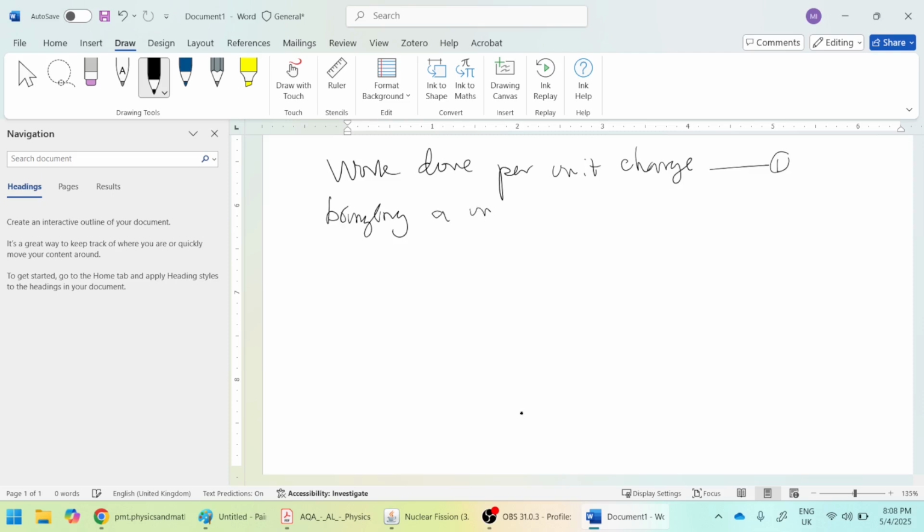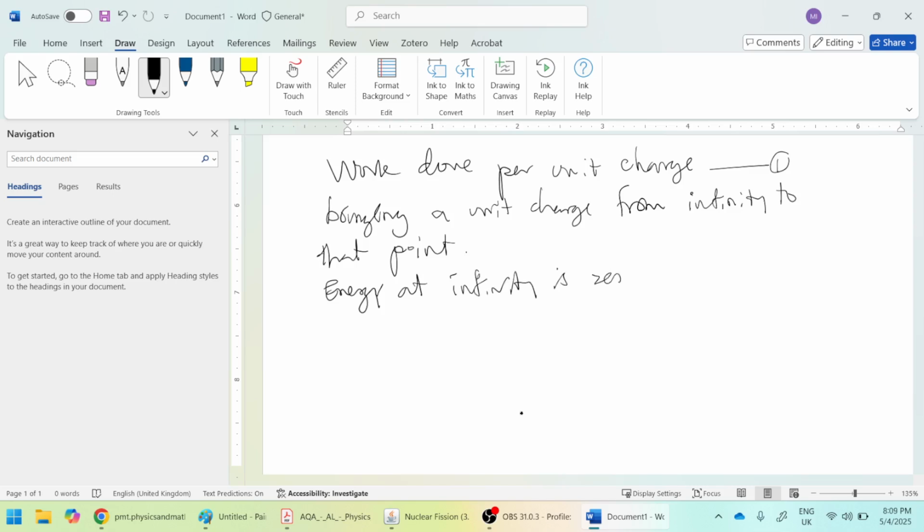Bringing a unit charge from infinity to that point. Yeah. Energy at infinity is 0.